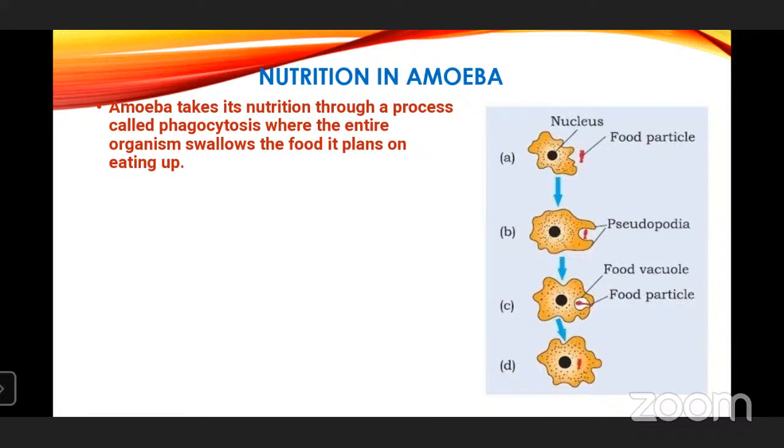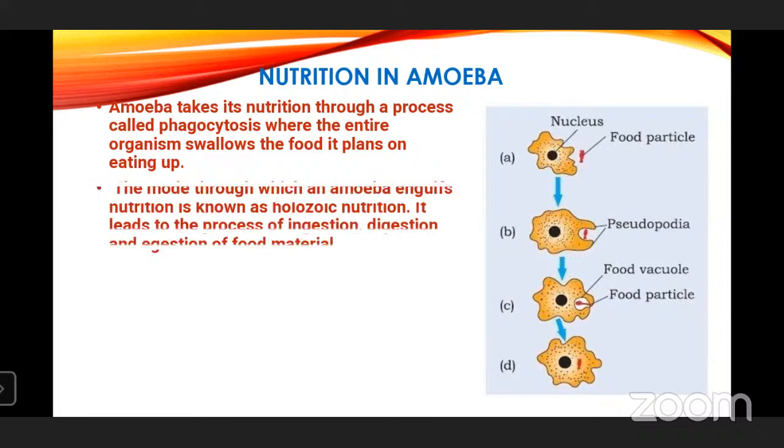The mode through which an amoeba engulfs nutrition is known as holozoic nutrition. Yes, this point is also very important, dear students.